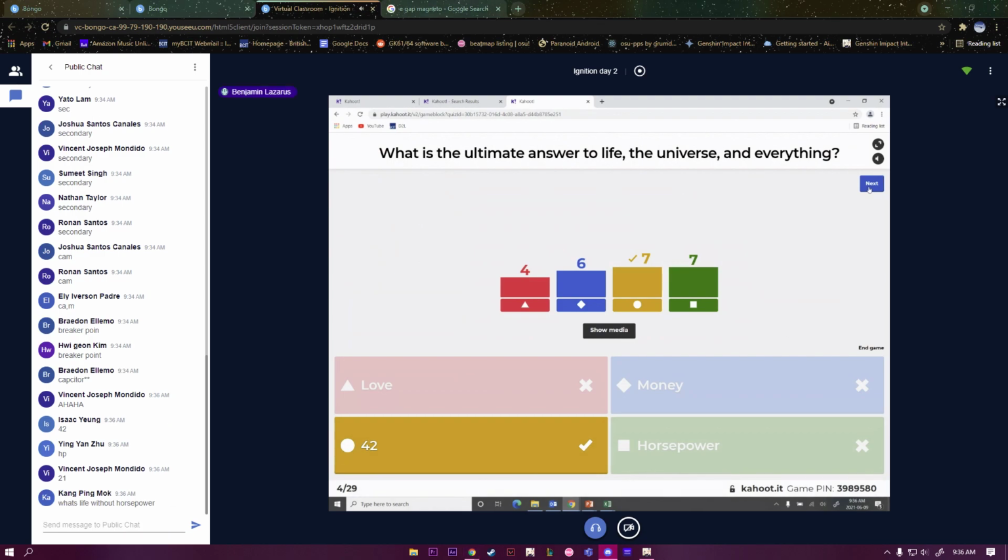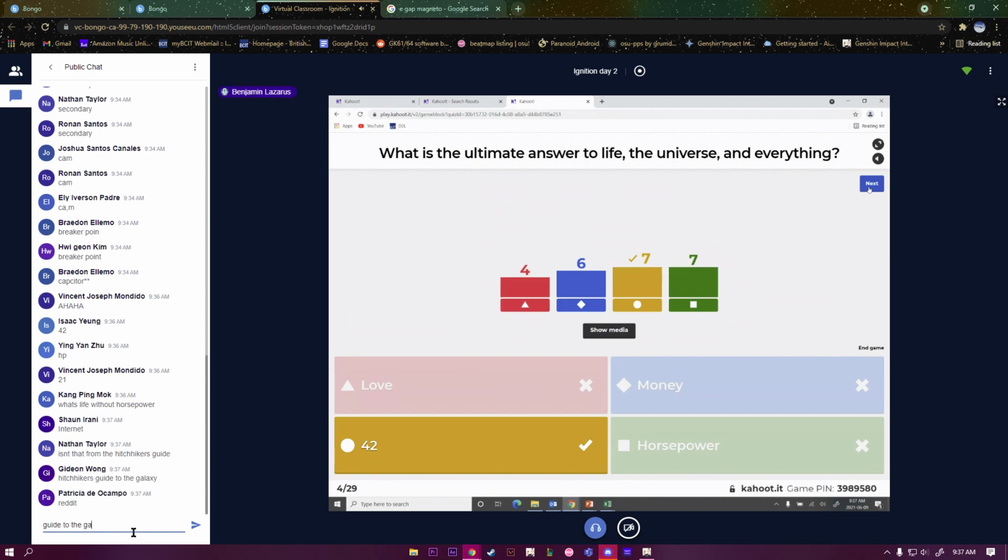Bonus points for people who got it right. Where did that come from? The internet? No. Came before the internet. Hitchhiker's Guide to the Galaxy. Absolutely. One of the best books ever written. If you haven't read it, you should read it.